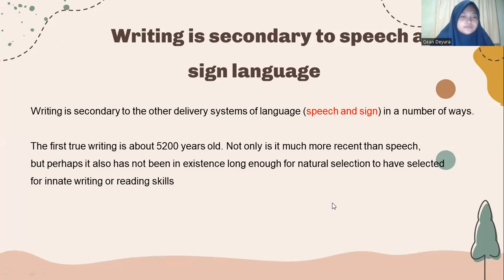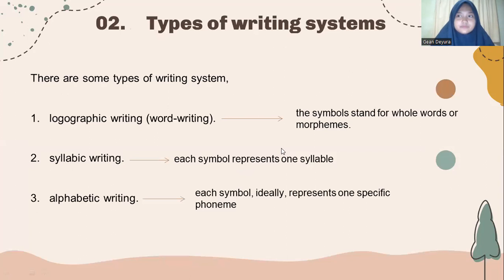Second is types of writing system. There are some types of writing system. The first is logographic writing, or word writing. It is the oldest type of writing system.